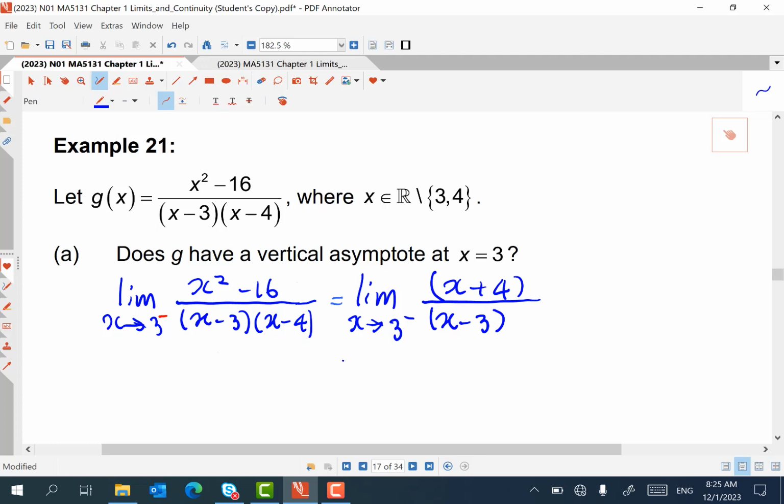Then you ask, when x tends towards 3 minus, the numerator will be positive. The denominator will be negative but very small. So all in, it tells you that this will eventually be negative infinity.